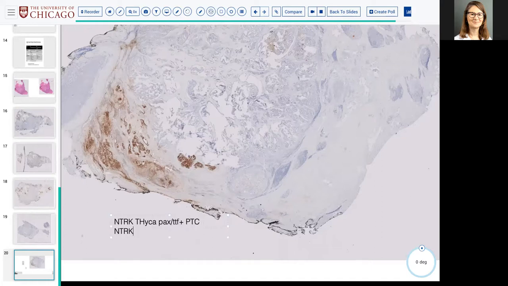But there is the NTRK secretory carcinoma that is PAX8, TTF1 negative, of salivary origin, that does not respond to radioactive iodine, but will respond to the TRK inhibitors. So in an NTRK rearranged true PTC, you can still treat with RAI, but you cannot in this, okay? I mean, you can, but it's going to be useless.